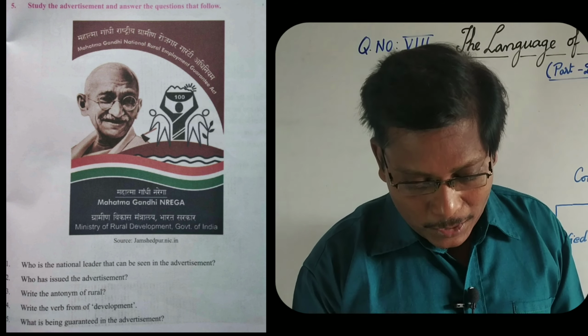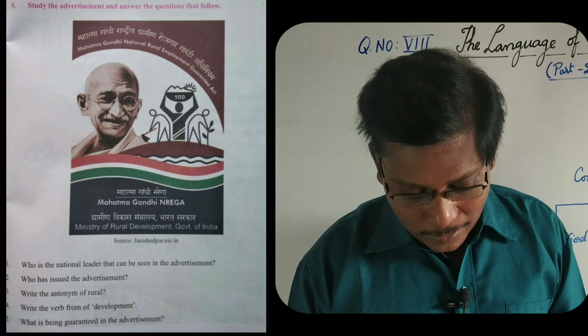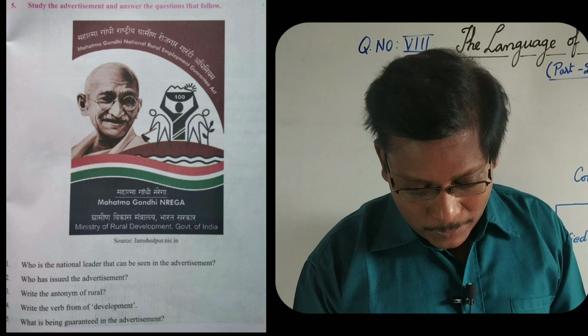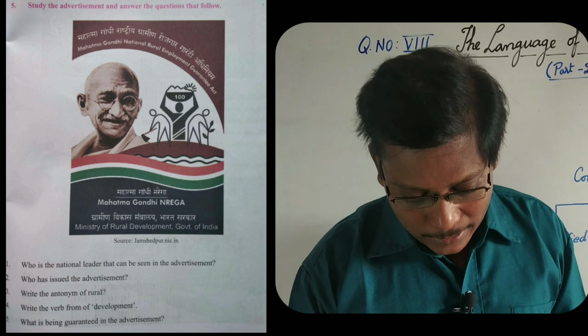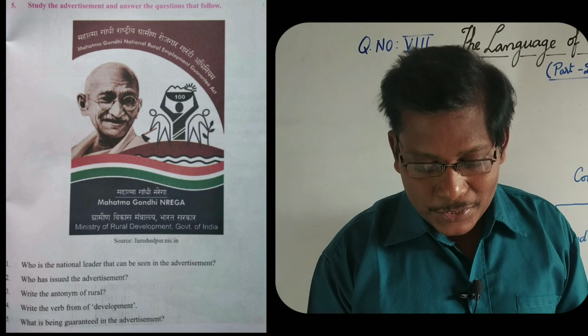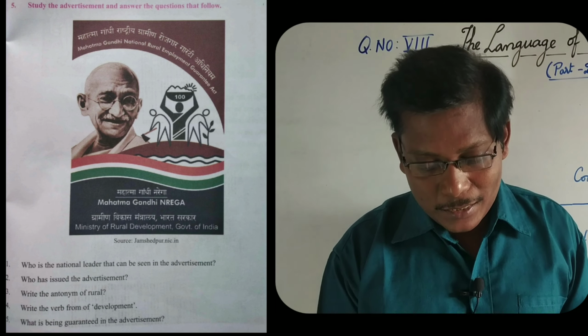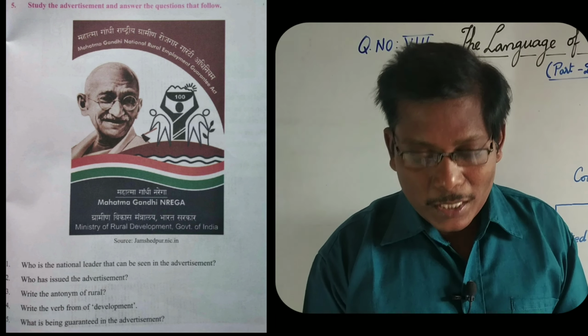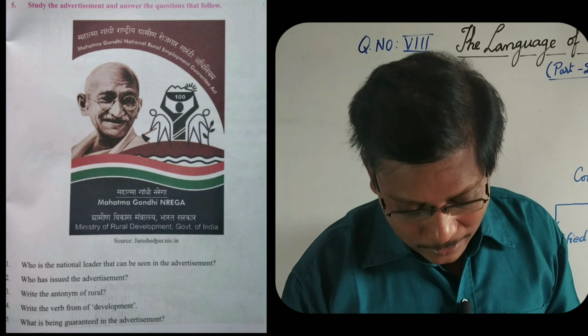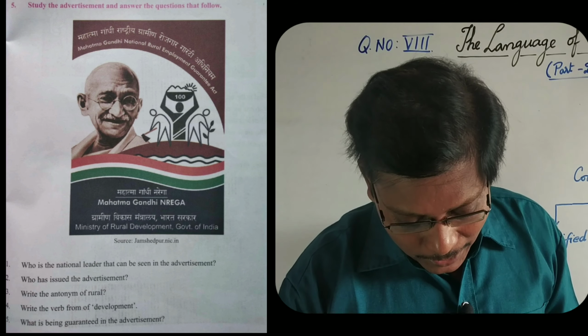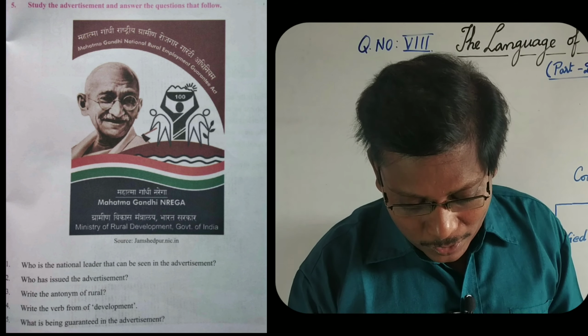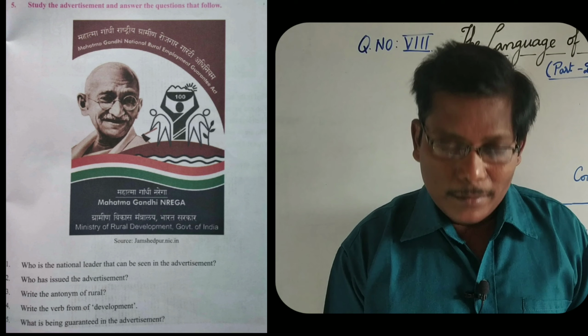Here Mahatma Gandhi's picture is there and below it Mahatma Gandhi NREGA. NREGA is nothing but National Rural Employment Guarantee Act. This advertisement is given by the Ministry of Rural Development, Government of India.